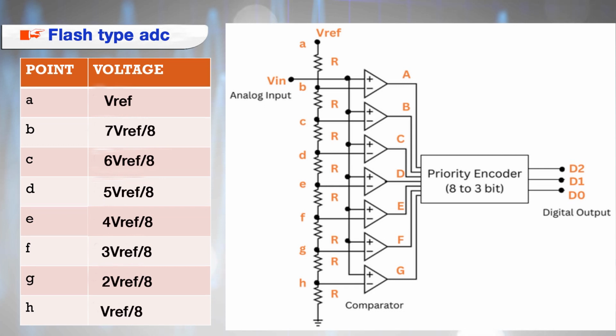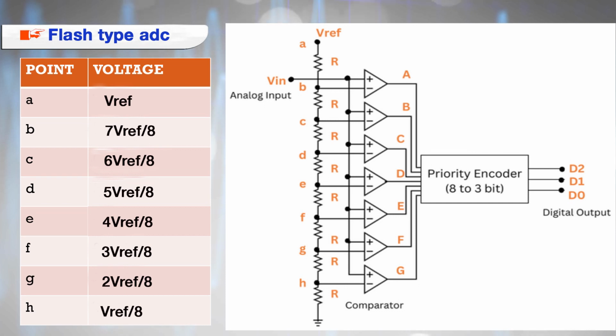So the voltage between point H and ground is Vref by 8, because 7 Vref by 8 voltage is dropped across 7 resistors and the remaining voltage appears at point H. This voltage at point H we can get by calculation, and also by the voltage division rule.